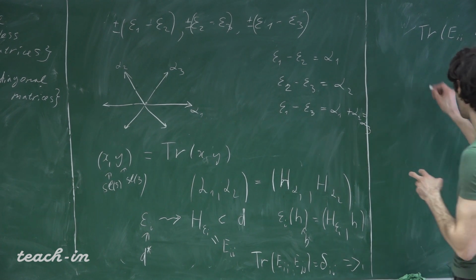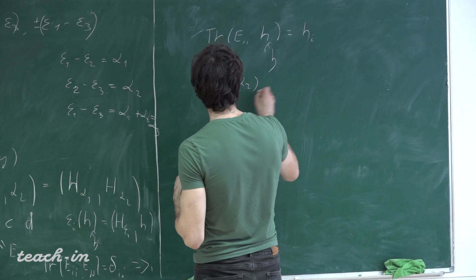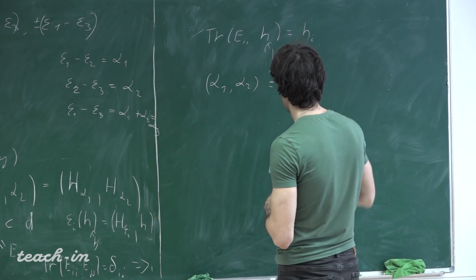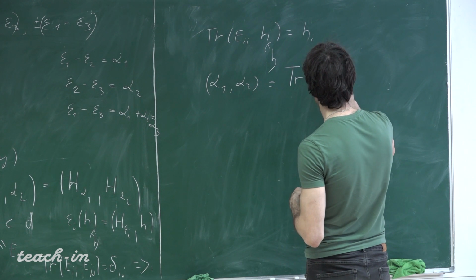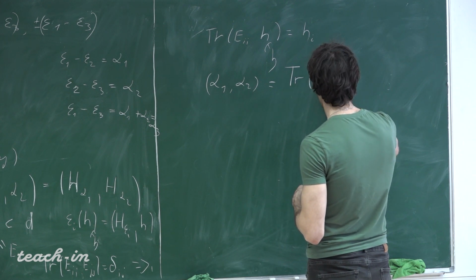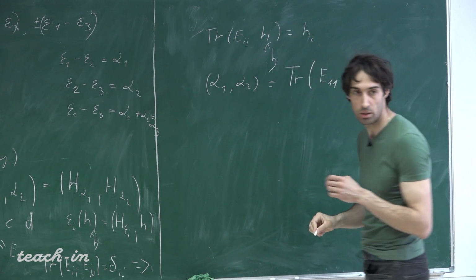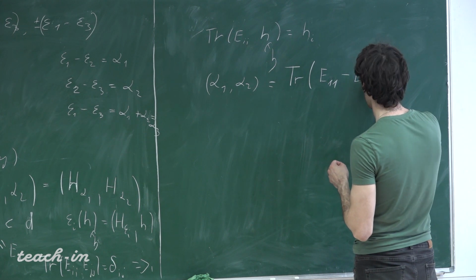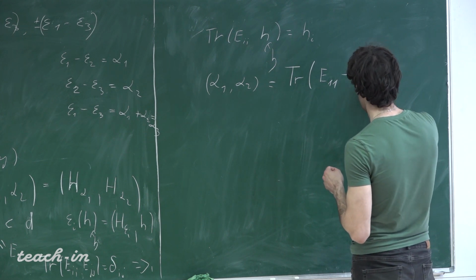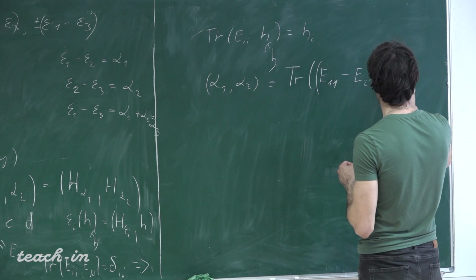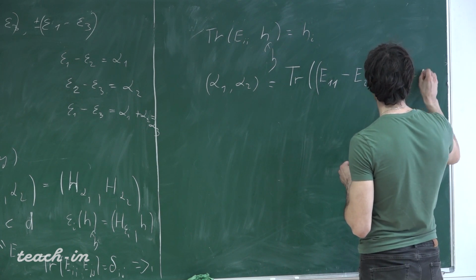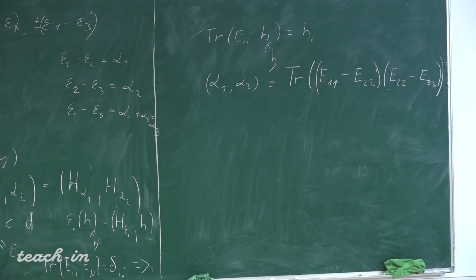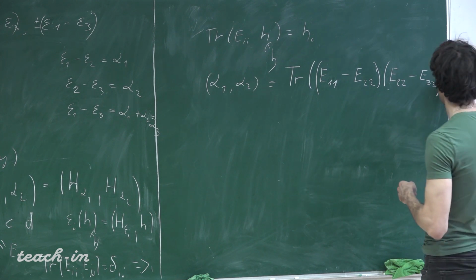But then how to compute this? So this will be the trace of E_11 minus E_22 times E_22 minus E_33.